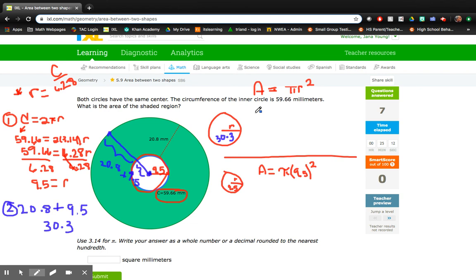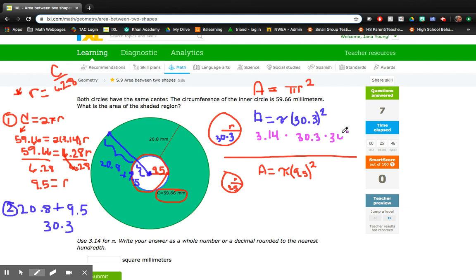Okay, so I can now find the area of the bigger circle by doing pi times 30.3 squared. And so now I'm just going to prep this to type it in my calculator. I'll be typing it in as 3.14 times 30.3 times 30.3.